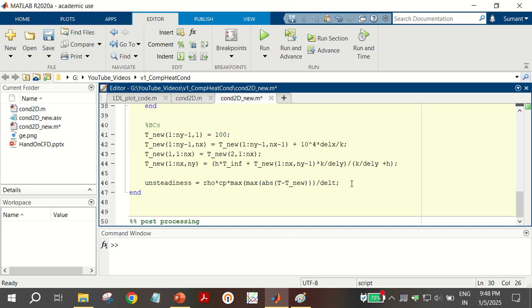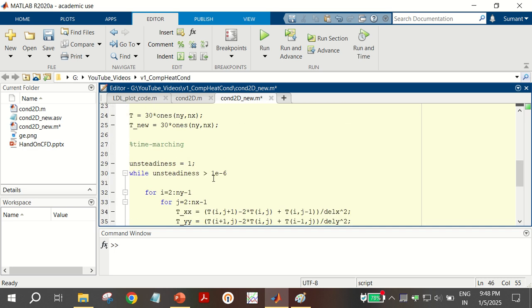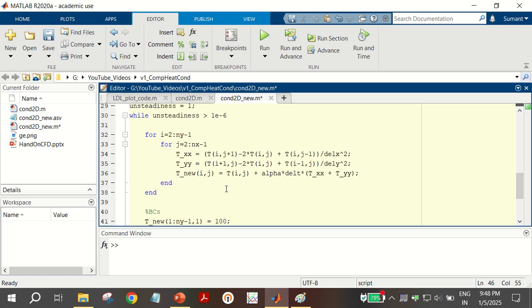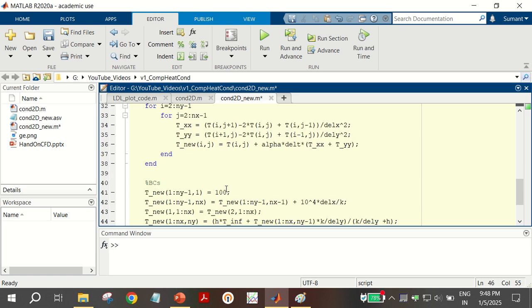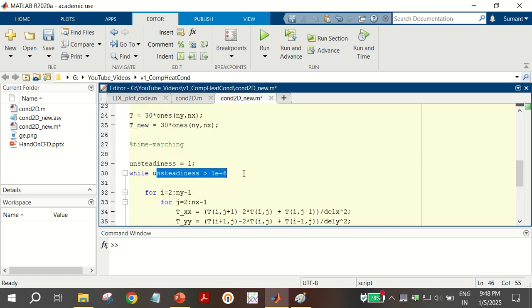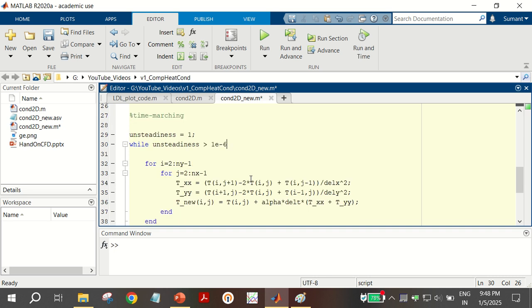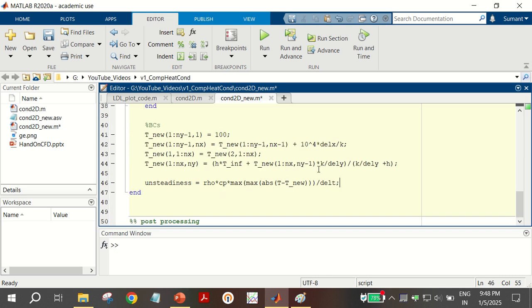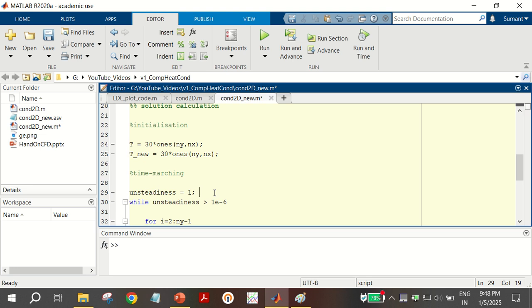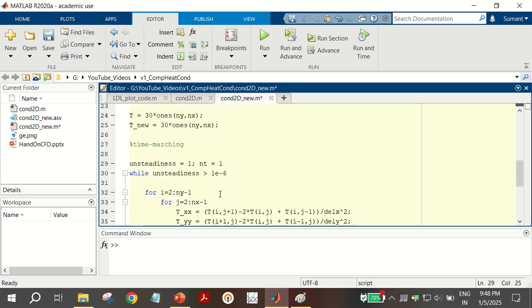But in the initial time steps there might not be a good amount of variation in temperature, because of which unsteadiness might go to a very low value and you will get false convergence. To avoid that, we use the number of time steps, starting from the first time step.